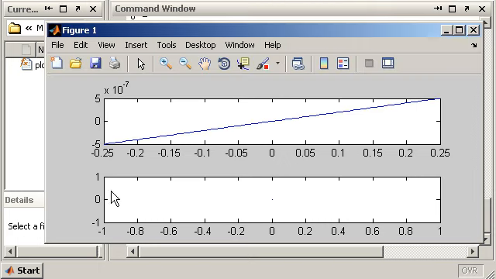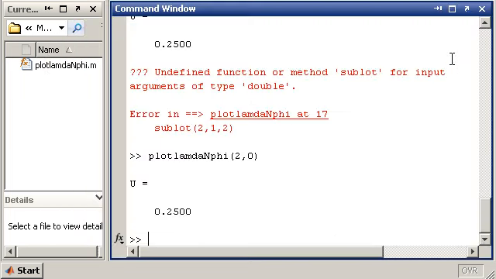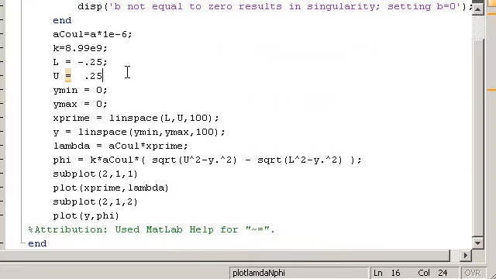So I would expect a horizontal line at the 0. It chose what the limits would be, but no horizontal line there. So something is not right. Let me figure out what U is. I must have forgotten the semicolon. There we go. Fix that.